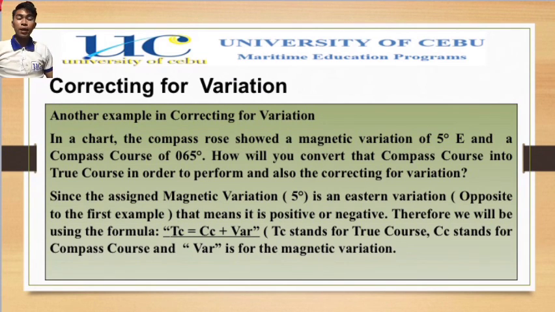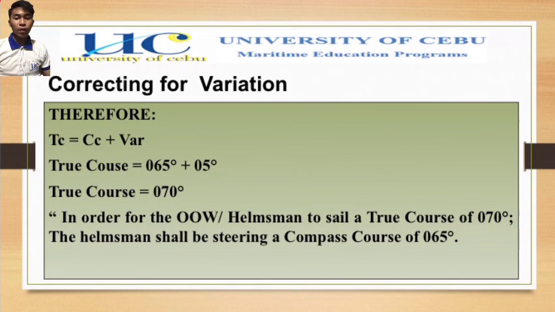Since the assigned magnetic variation of 5 degrees is an eastern variation, opposite to the first example, that means it is positive, or plus 5 degrees. Therefore, we will be using the original formula: true course, or TC, is equal to compass course, CC, plus the variation. TC stands for true course, CC stands for compass course, and VAR stands for the magnetic variation.